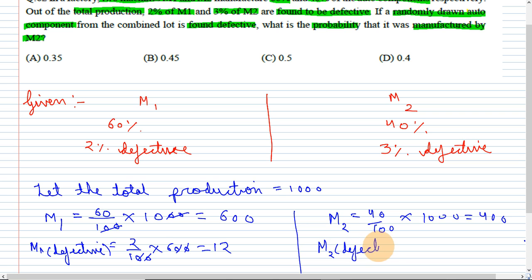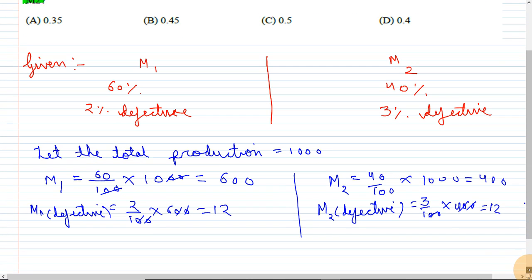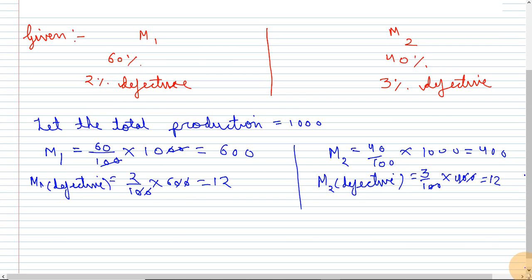From the M2 machine, 3% are defective, so 3 divided by 100 into 400 comes to 12. So from M1 12 auto components are defective, and from M2 12 components are defective.